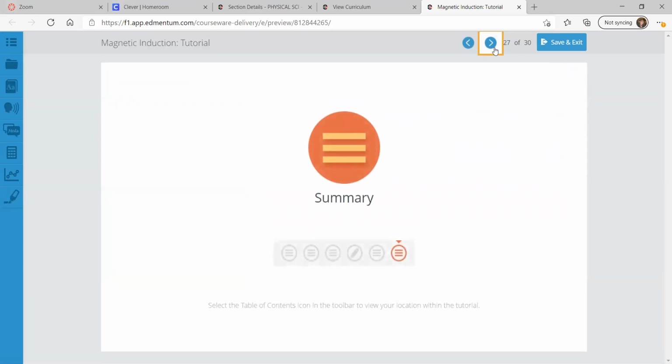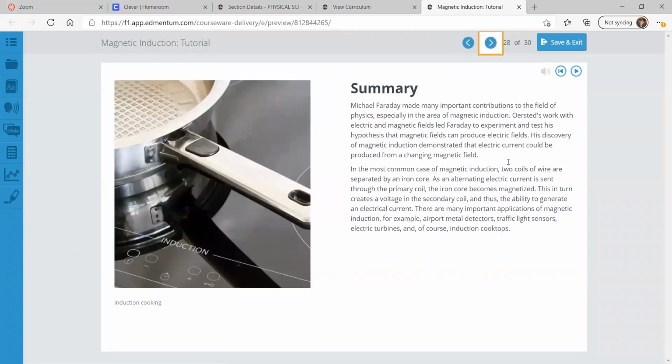So finally, in summary, Michael Faraday made many important contributions to the field of physics, especially in the area of magnetic induction. Oersted's work with electric and magnetic fields led Faraday to experiment and test his hypothesis that magnetic fields can produce electric fields.